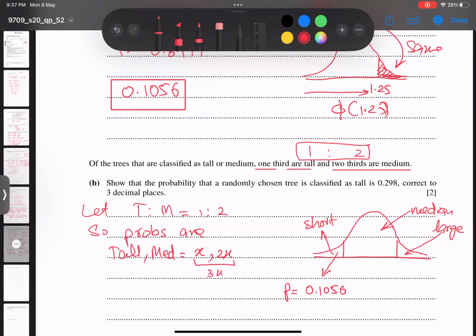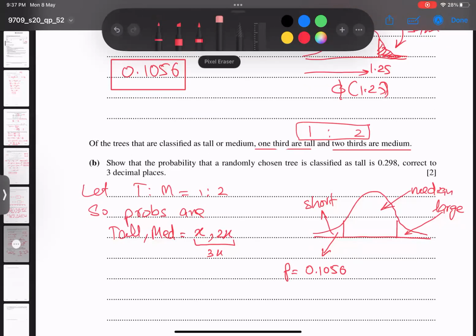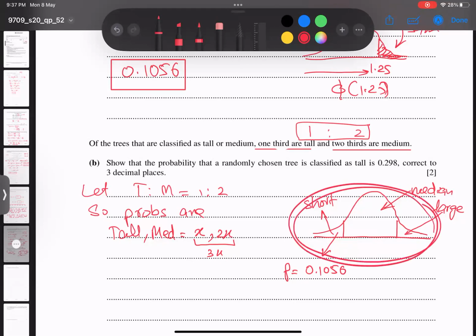Now I'm writing here. It means I can say that these two regions, larger and medium, together equal 3x. So what is the whole story? The sum of all the probability is 1. I repeat, the whole area under the bell shape is 1.